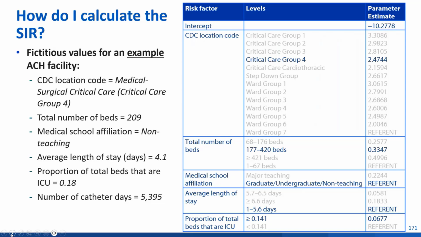There are 2 factors for our example that are at the reference level. They're non-teaching medical school affiliation and an average length of stay between 1 and 5.6 days. To calculate the predicted number of events, we'll use the equation for the predicted number of events with these values. Next slide, please.